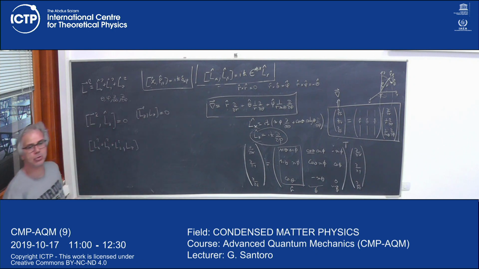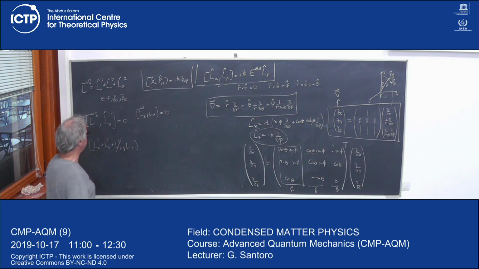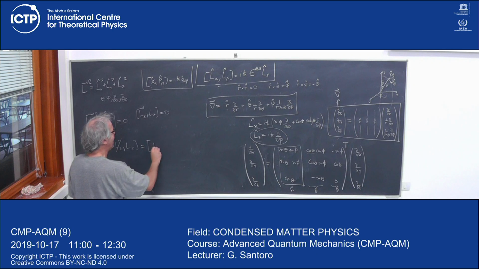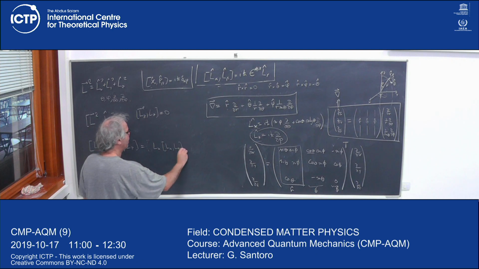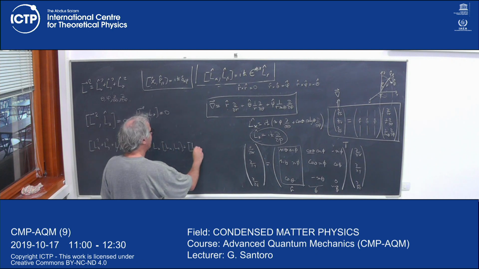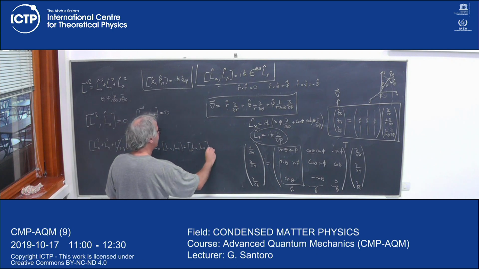Because an operator commutes with any power of itself. Good. So this you don't need. What about this? Well, that's equal to Lx square. So, let's put Lx out. Lx times Lx Lz plus Lx Lz Lz.